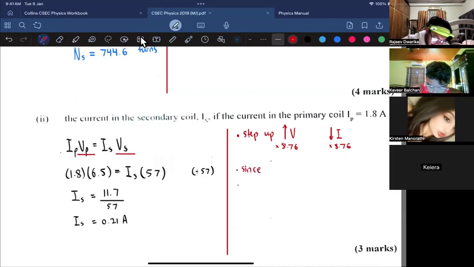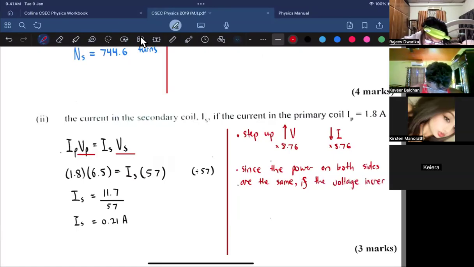Since the power on both sides is the same, if the voltage increases by some factor, then the current decreases by that same factor.